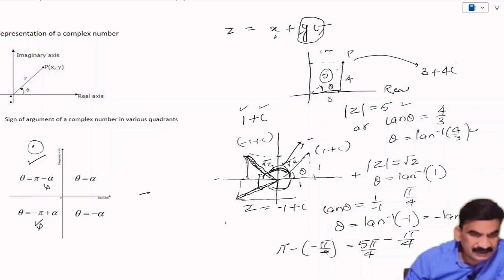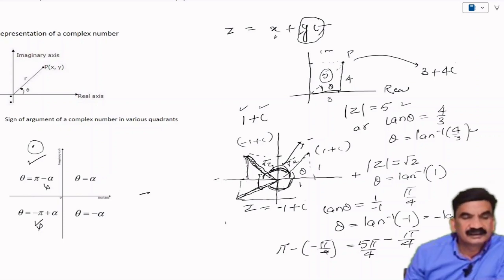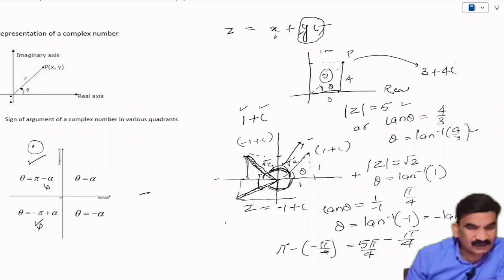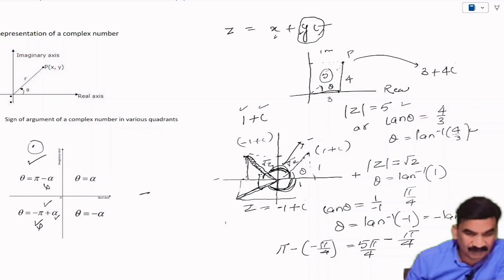This angle. So for this angle, remember there's something called positive angle, or something called negative angle, depending on the direction that you're taking. Therefore, to get this angle, I am adding minus pi to this alpha, or alpha minus pi, whatever you take it.